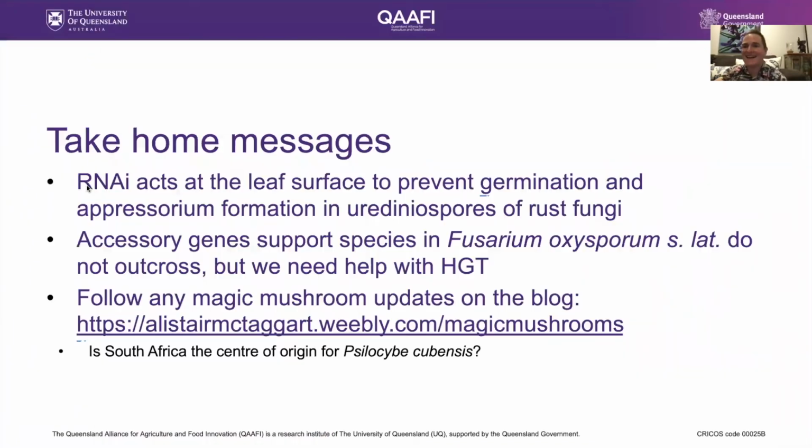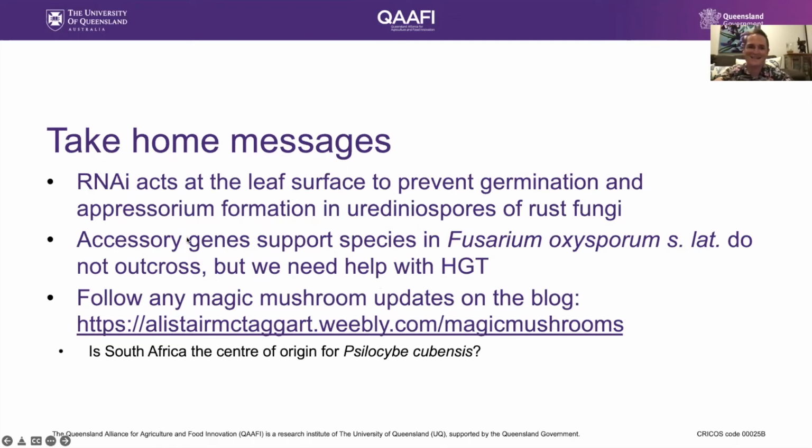So really, what you learned from my talk is that RNAi acts at the leaf surface. You saw it in the flesh, knocking down those appressoria, withering those germ tubes and stopping infection. We think that that's going to be applicable to rust fungi across the order. Please help if you want to with showing horizontal gene transfer in Fusarium oxysporum.